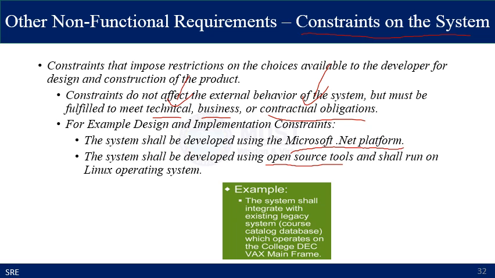Another example states that the system shall integrate with the existing legacy system, which is the business requirement, and the legacy system is the course catalog database which operates on the college DEC VAX mainframe, again a technical requirement, and it does not affect the output or working of your product.